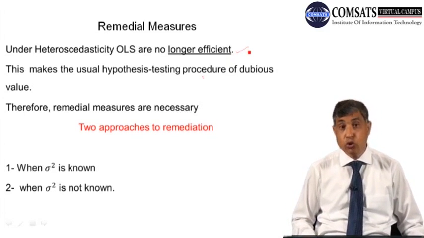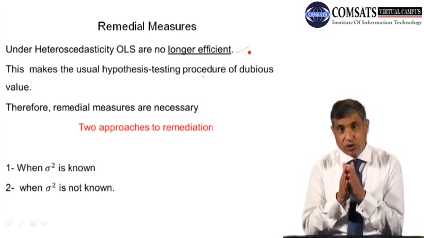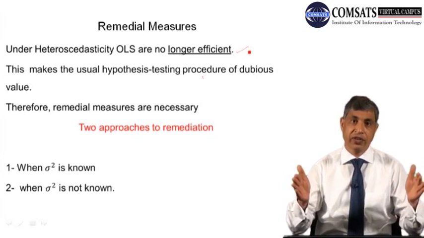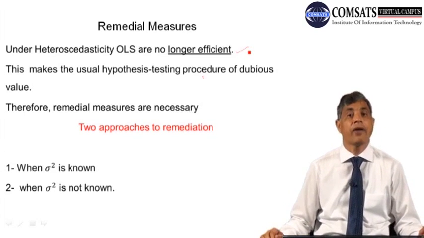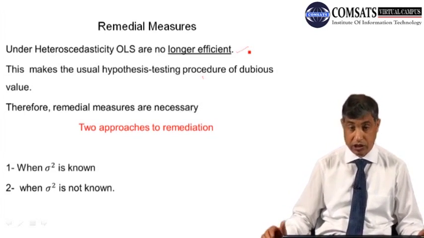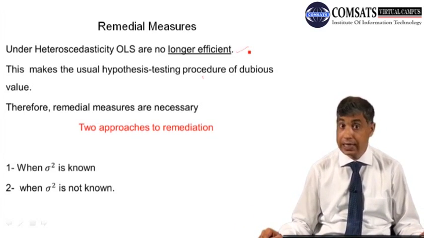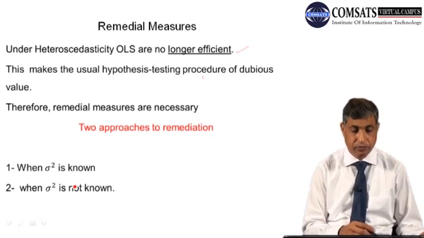This makes the usual hypothesis testing procedure of dubious value. Dubious value means, as these are not minimum variance, your confidence interval will increase, and the confidence interval for accepting the null hypothesis will increase, and there will be a small probability that you are going to reject the null hypothesis.